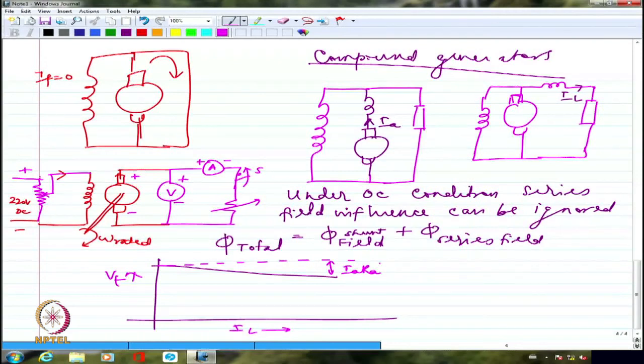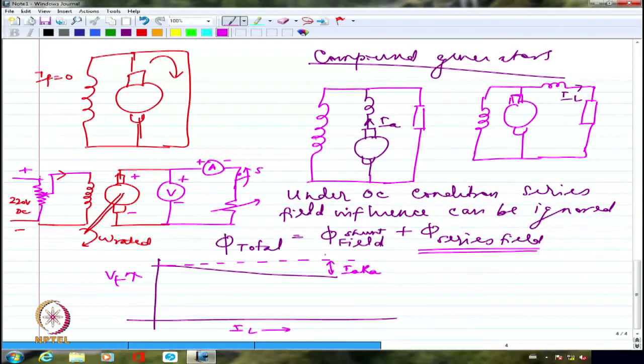If I am able to compensate for this IaRa drop by providing an adequate amount of series field, then I will get a flat characteristic as far as the voltage is concerned. If I have enough series field influence on the overall field to compensate for the IaRa drop, I will get almost a flat characteristic irrespective of the increase in the load current.